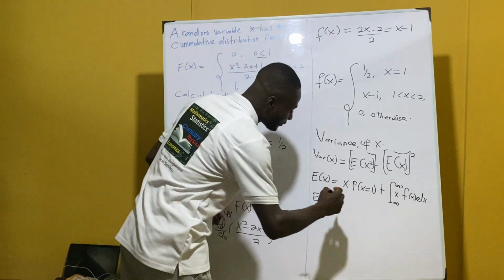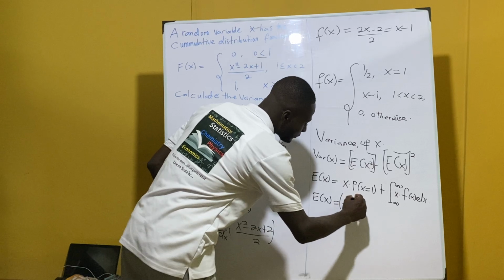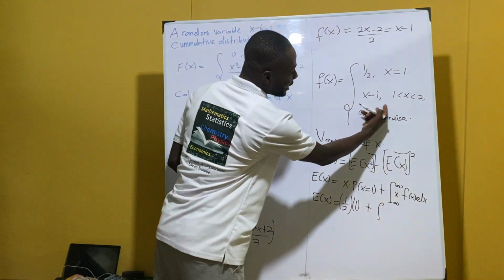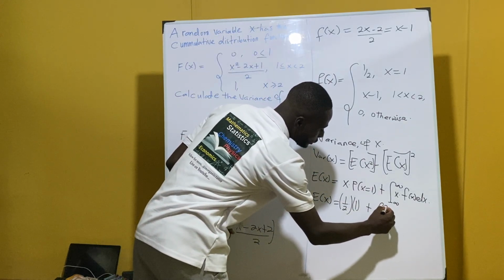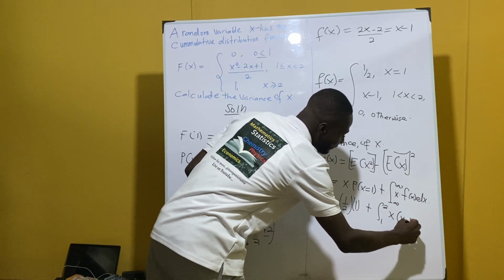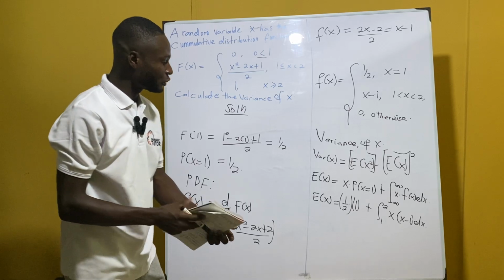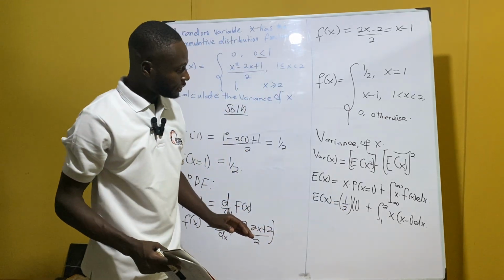So we have half times 1, plus the range of this function, 1 to 2, then x times the function, right? Very, very simple. So from here, we simplify the expression.